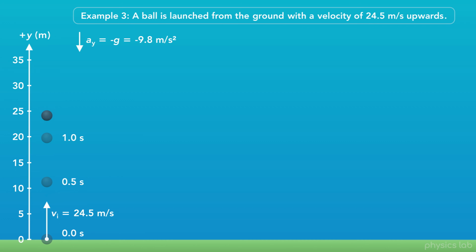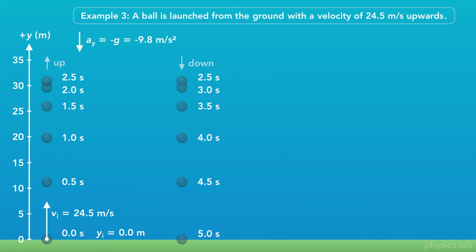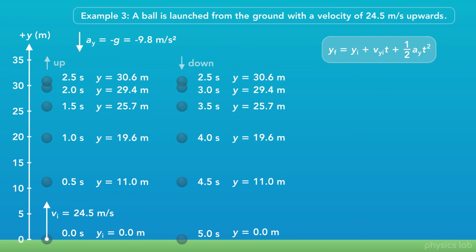Here's snapshots of the position at half-second intervals. Since the ball is in 1D motion, its path on the way up overlaps the path on the way down. So let's split up the snapshots with the ball moving upwards on the left and falling back down on the right. Using the same equation as before, we can find the y position of the ball at each time point.